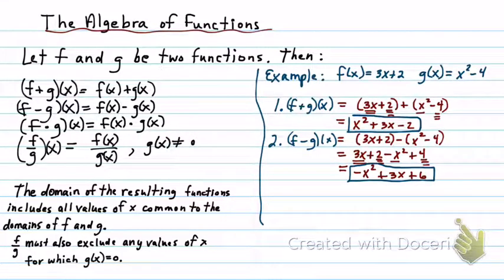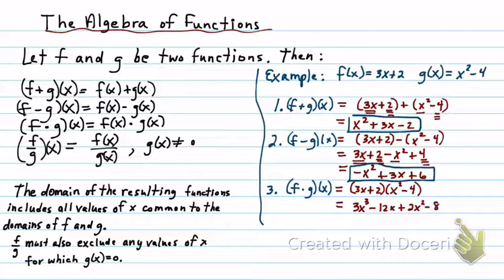And so let's move on to multiplication. So here we want to multiply the two functions. So we're just FOILing here, and those are your 4 terms. And we should probably put them in descending order, so let's move that x squared term. And so there's your final answer for number 3.